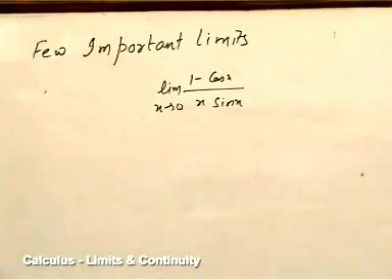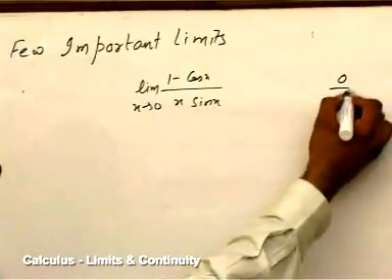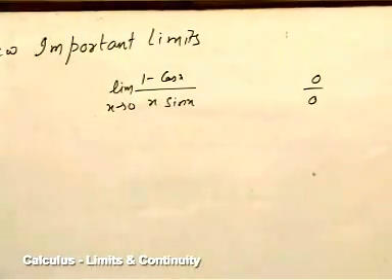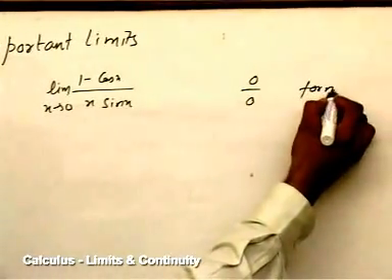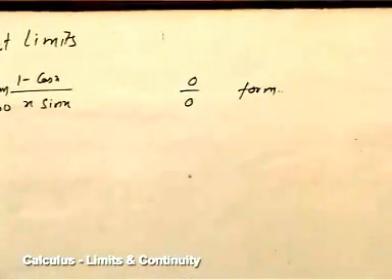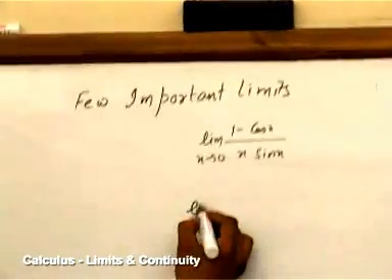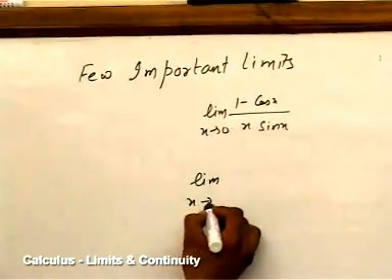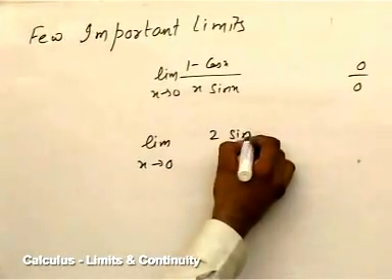If we straight away put x as 0, 1 minus cos 0 is 0, and in the denominator 0 into something, sin 0 is 0. So this is a 0 by 0 form, a so-called non-determinate term. We cannot say this is the answer. We have to simplify this. We apply the formula for 1 minus cos x. Do you know the formula? Yes, 2 sin square x by 2.